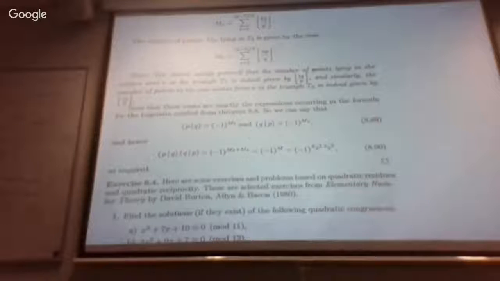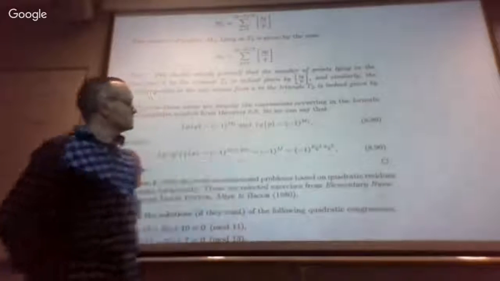So it's the presence of those summations of floor values of multiples of the gradient of the line which theorem 8.8 tells us, once you interpret it modulo 2, gives you the parity of this number m, which gives you the exponent of -1 for the value of the Legendre symbols.